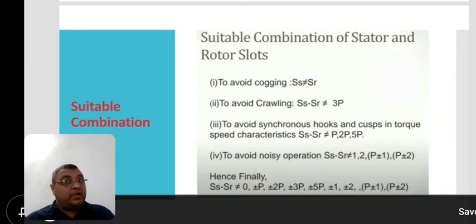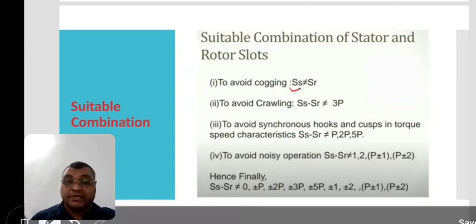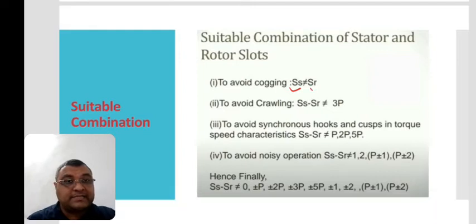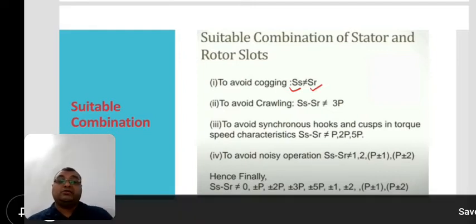If the rotor slots are equal in number to the stator slots, where SS stands for stator slots and SR stands for rotor slots, so if SS is equal to SR, then one phenomenon occurs, and this is known as cogging.